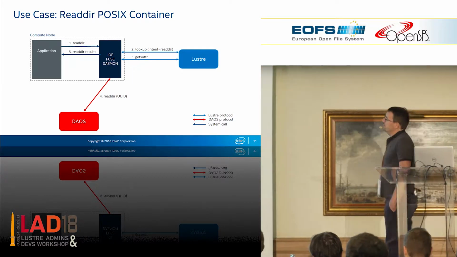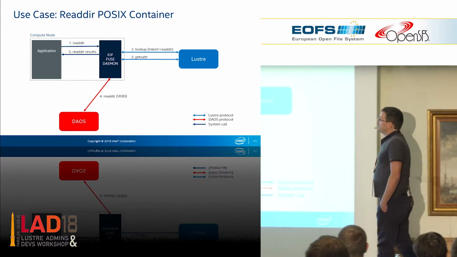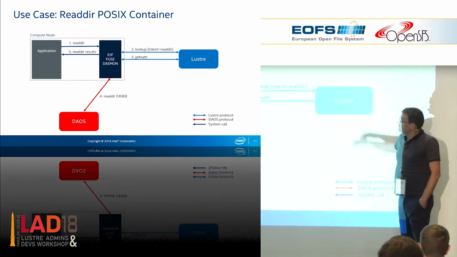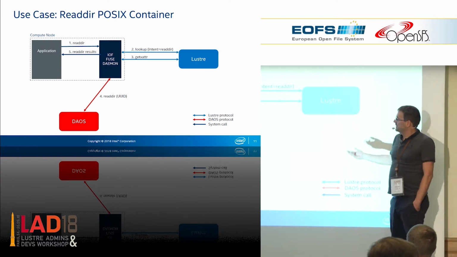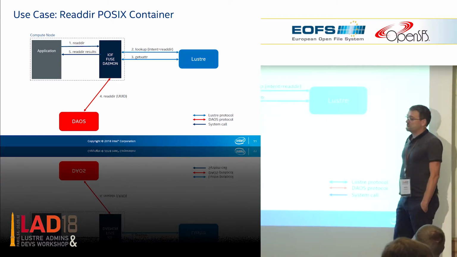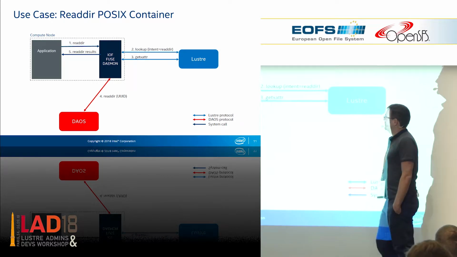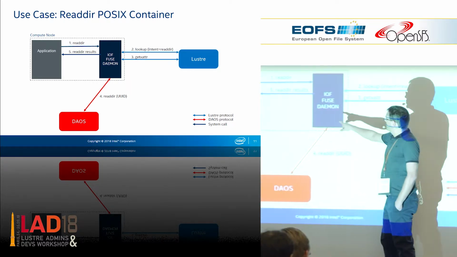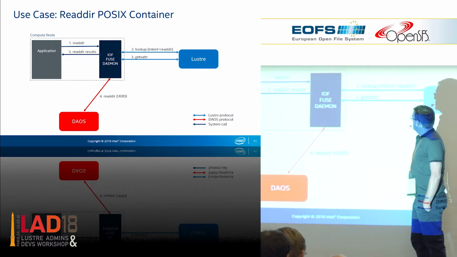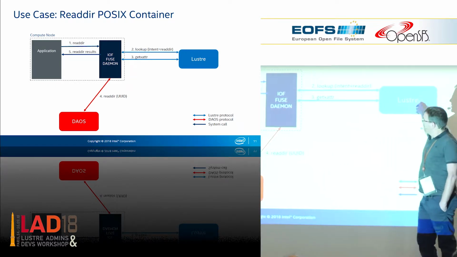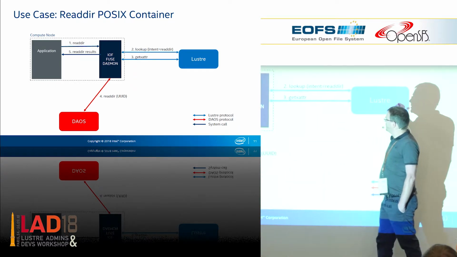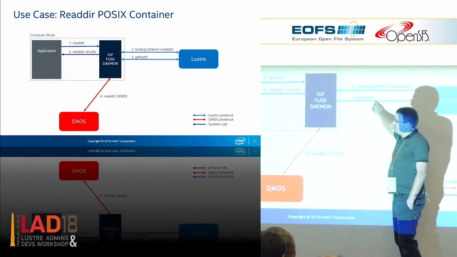Second use case, same thing, except that you are trying to fetch a directory that is effectively a representation of a DAOS container, a POSIX container. So you will still issue the readdir to the I/O fuse daemon, which will do the lookup intent readdir to Lustre as before, and then it will issue the getxattr.